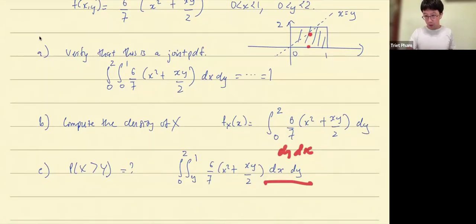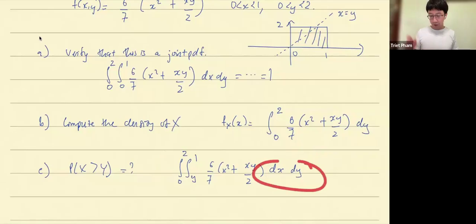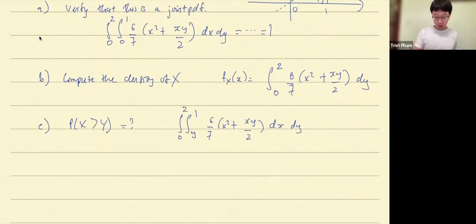Y would go from 0 to x if x is below this value, and y would go from 0 to 2 if x is above that value. So if you do dy dx, you have to do two integrals rather than one. That's where the choice matters. But here, funny enough, the default choice is the better one. So I guess there's no confusion.